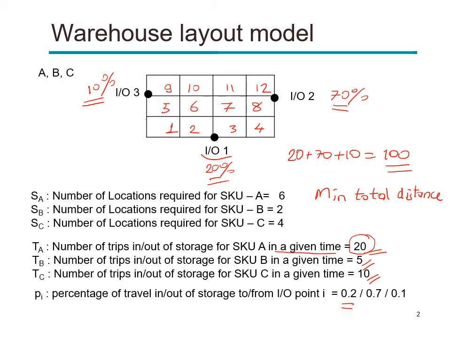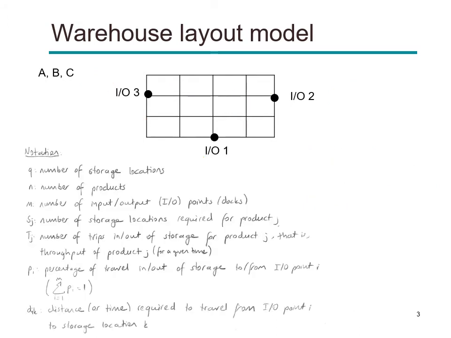And what we try to decide on is to assign products to storage locations. So we are going to develop such a mathematical programming formulation. So in order to formulate this problem, let's define our parameters of the problem. So we will write the problem parametrically.